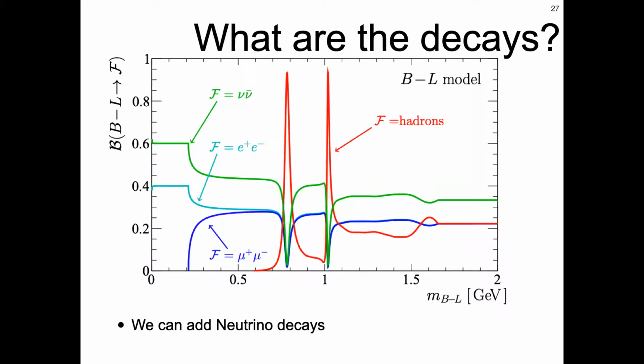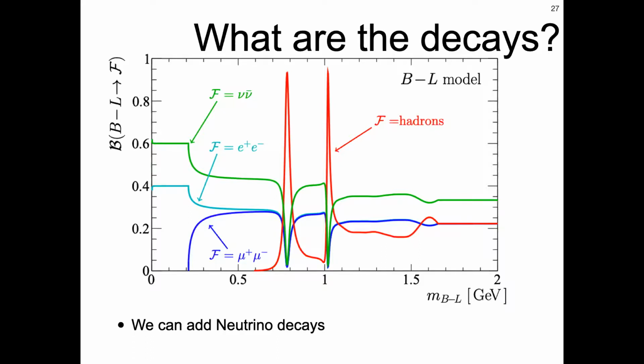The kind of fun thing about this is that when you have neutrino decays, the neutrino experiments give you very strong constraints, right? So you can actually get very good constraints from Borexino, which is a light solar neutrino experiment, particularly in this region. I think that's all I'll say.